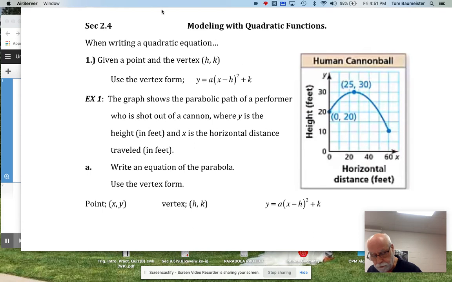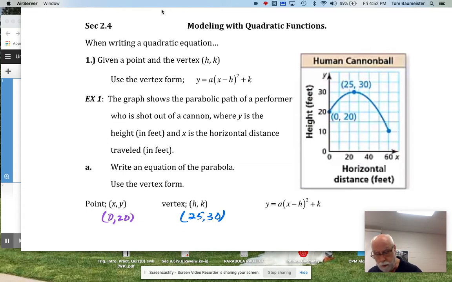So our point is at (0, 20), and our vertex is at (25, 30). Now we're going to plug that into our equation.